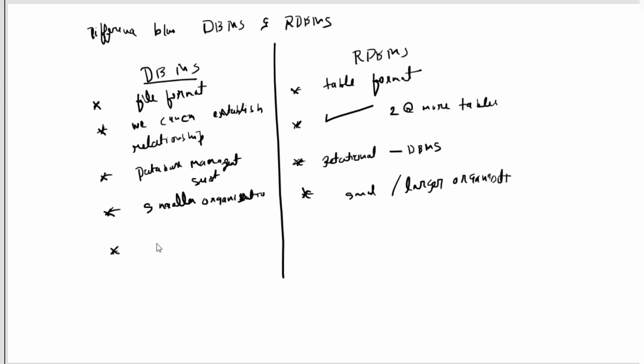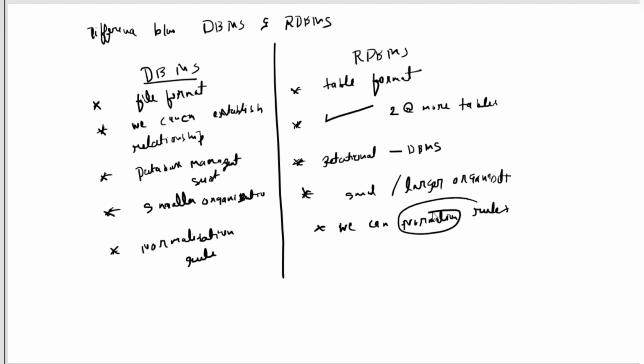In DBMS, we cannot apply normalization rules. In RDBMS, we can apply normalization rules. What do you mean by this normalization and normalization rules? We're going to learn in the upcoming sessions.